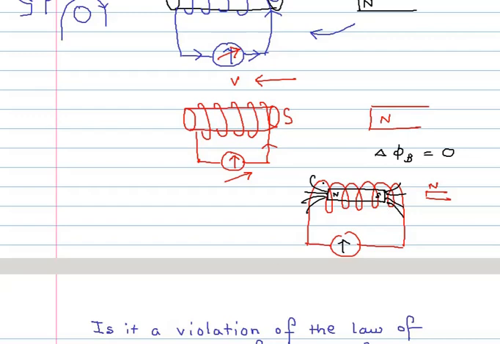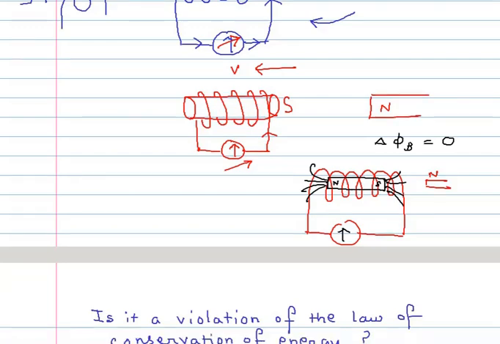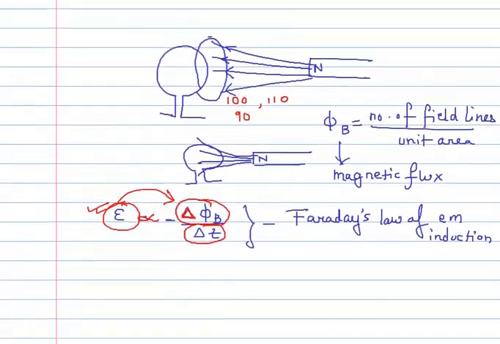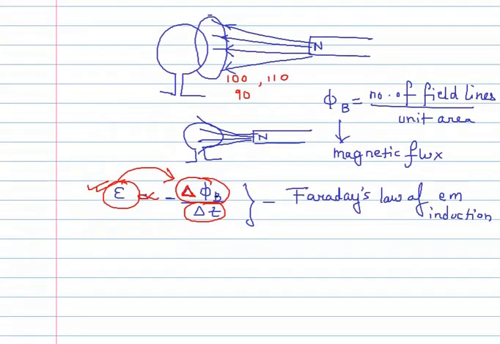So even though the maximum number of field lines are interacting with the coil, the induced EMF will be 0. There has to be a change in flux. If the flux doesn't change, the induced EMF will cease to exist.